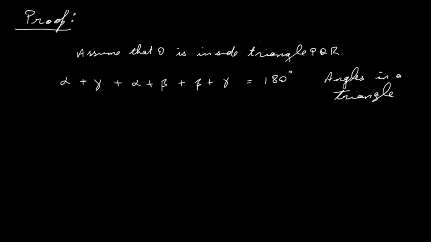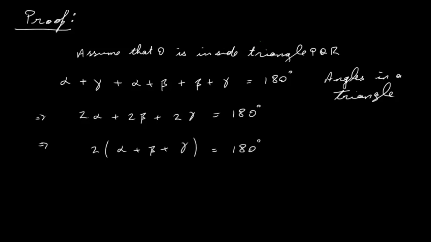Okay, so if we just look at this, we have two alphas, so it's 2 alpha. We have two betas, and we have two gammas as well, and they add up to 180 degrees. Let's just factorize out the 2 then. We have alpha plus beta plus gamma will give us 180 degrees.